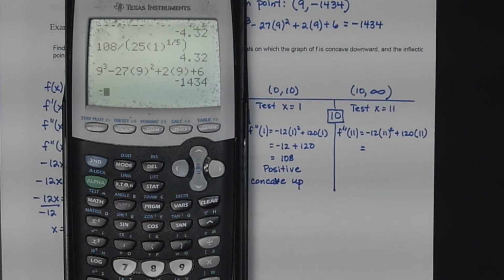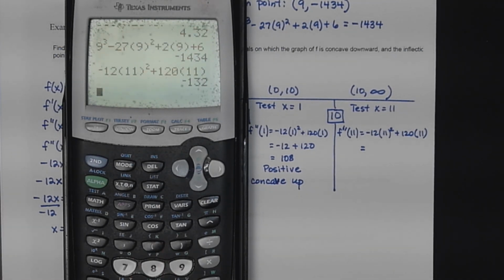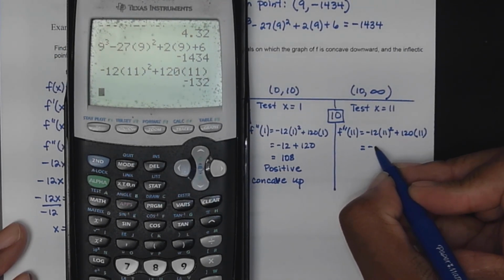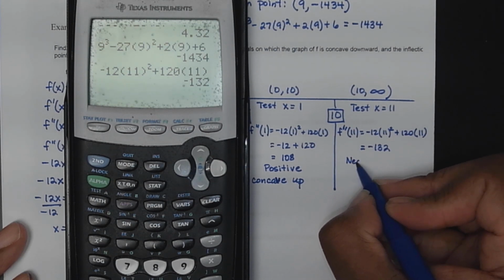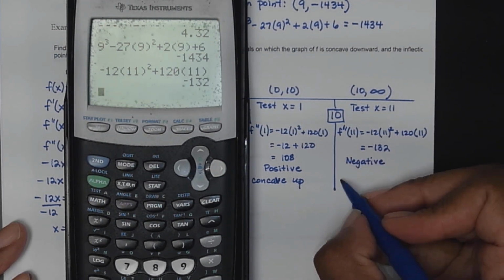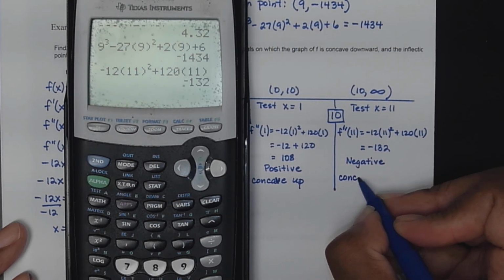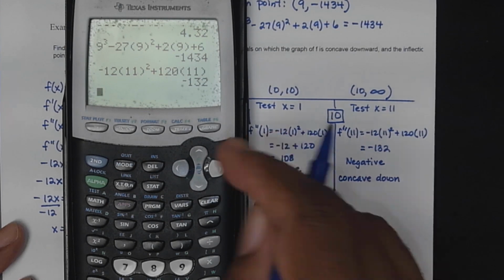So here this will be negative 12 times 11, close parentheses, squared, plus 120, open parentheses, 11, close parentheses. This ends up being negative 132, and it is negative. So that means from 10 to infinity, the graph of the function will be concave down.